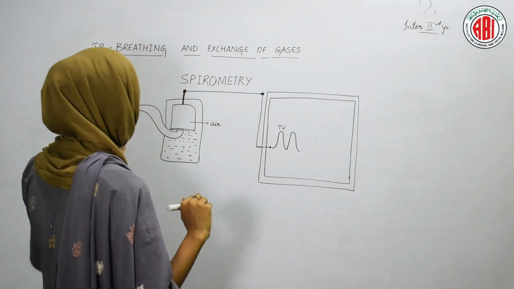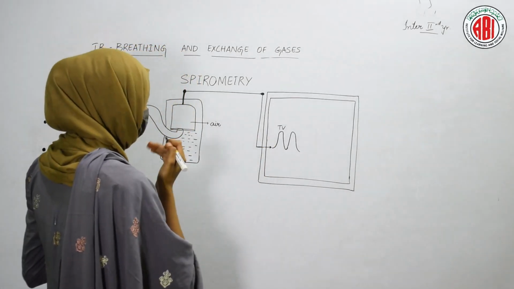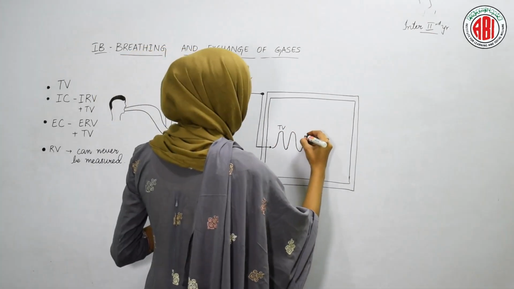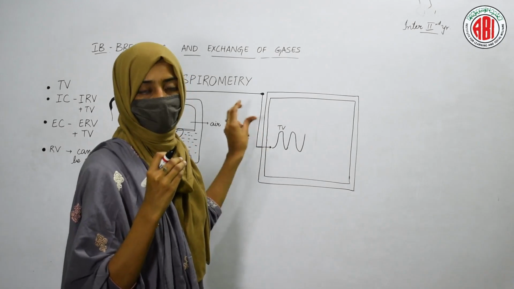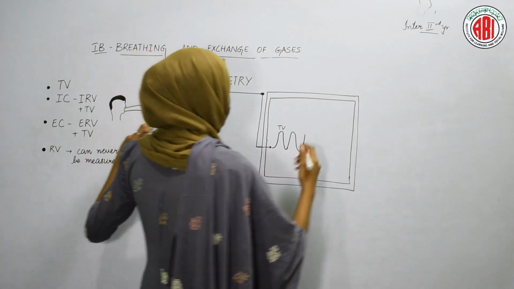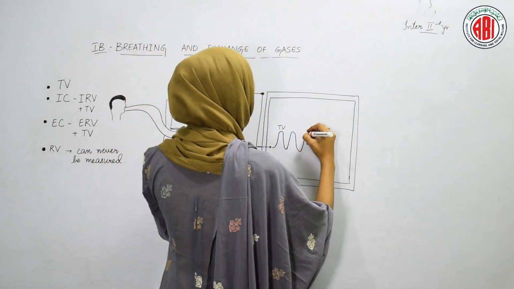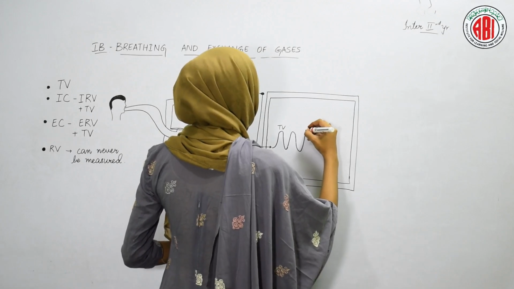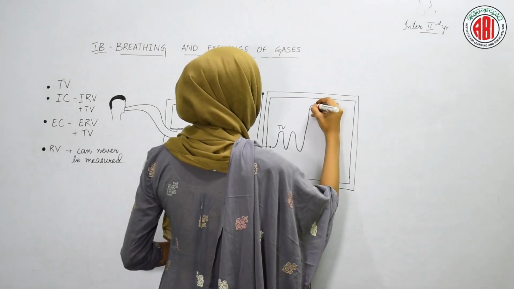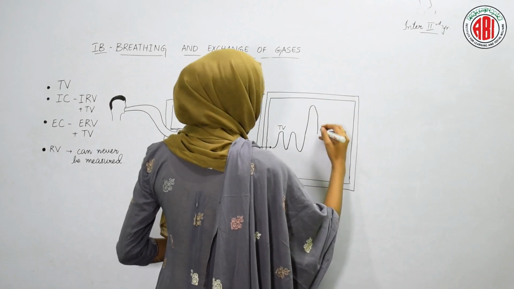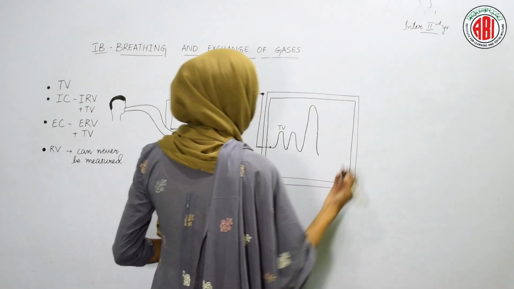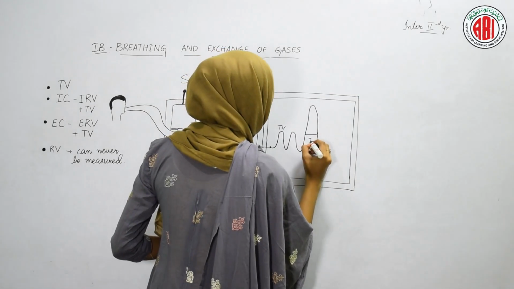But if a person inhales the air, after inhaling the tidal volume of air, the person continues the inspiration process, and an additional amount of air is taken up, then this type of rise can be seen. So this is the tidal volume.